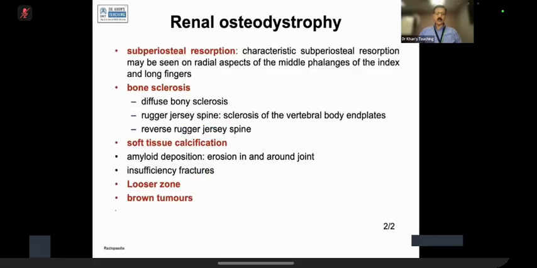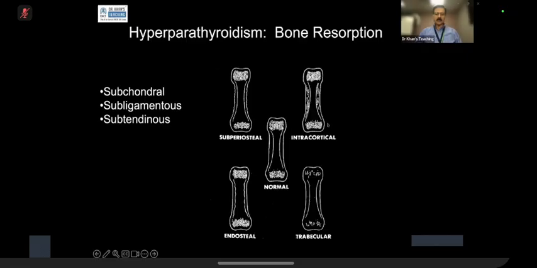So I'm not going to go into that, but I just want you to remember that in hyperparathyroidism there can be bone resorption everywhere. Subperiosteal bone resorption, intracortical bone resorption, and endosteal trabecular bone resorption, subchondral, subligamentous, subtendinous.